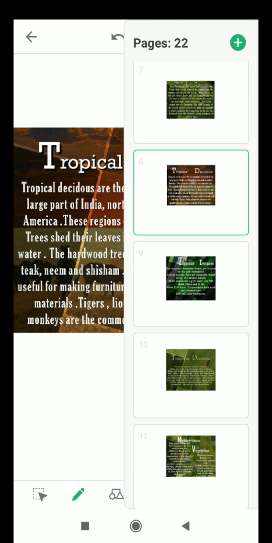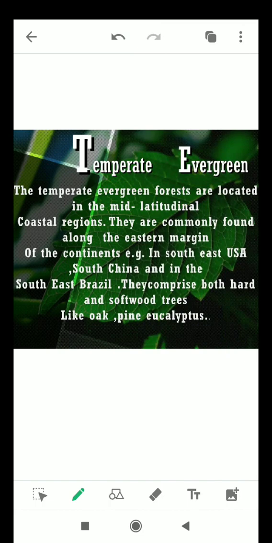The next we have is temperate evergreen. The temperate evergreen forests are located in the mid-latitudinal coastal regions. They are commonly found along the eastern margins of the continents. Such areas include southeastern United States, southeastern China, southeastern Brazil, the eastern coast of southern Africa, and the eastern coast of Australia.